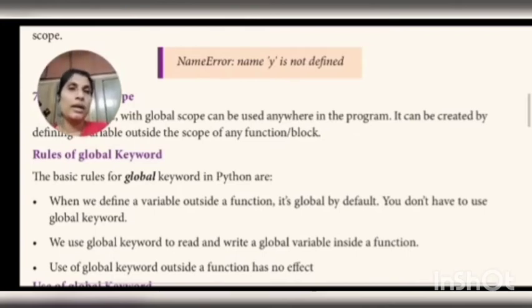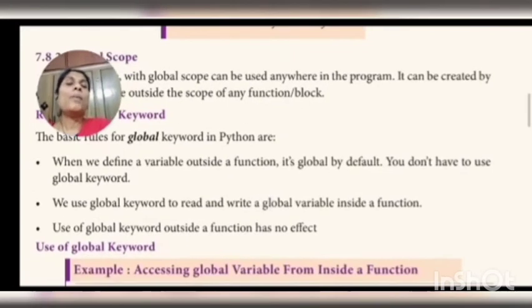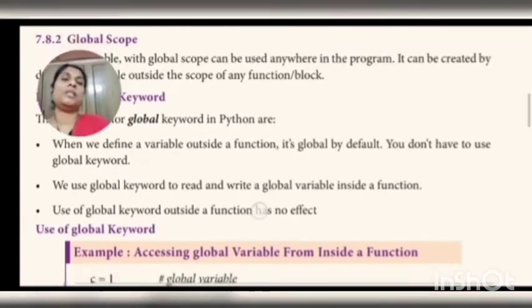That is not at all required. Next rule is that when we want to access that global variable from within a block, then we can use the keyword global. But from outside a block, if we use that global keyword, then it has no effect. That is unnecessarily we are using that.